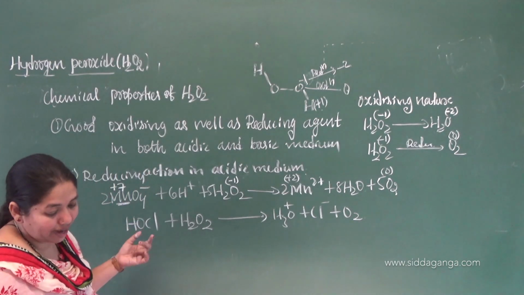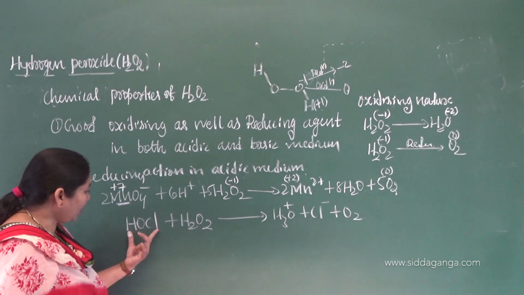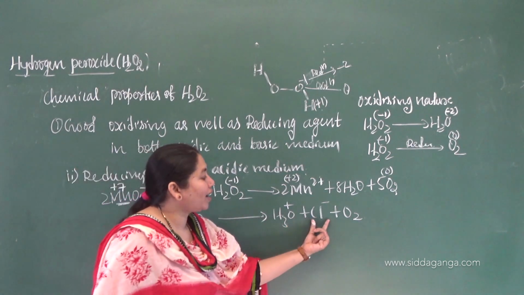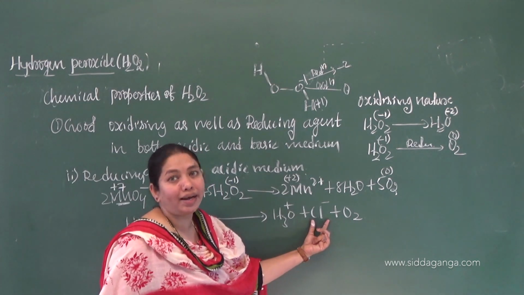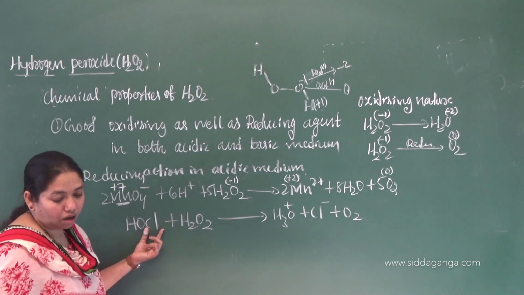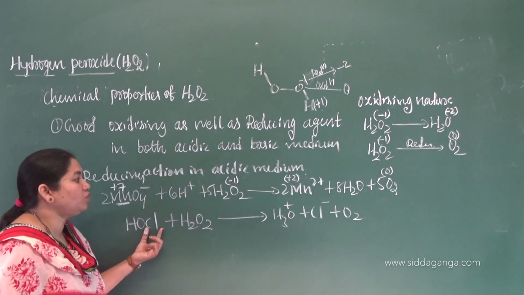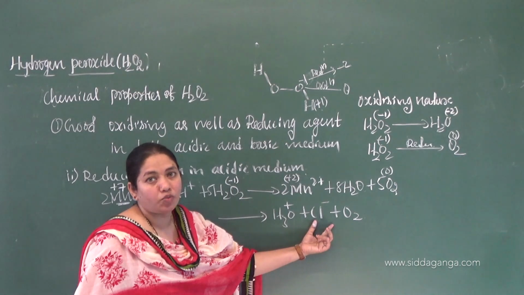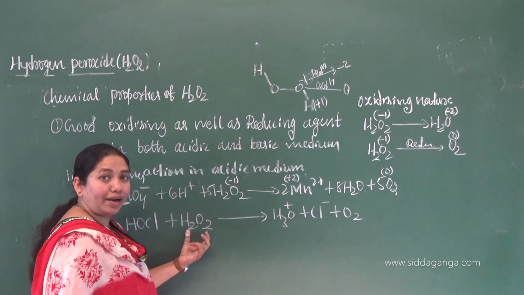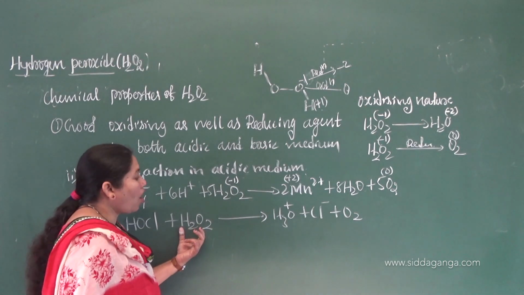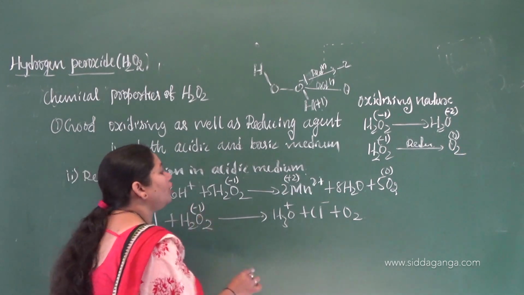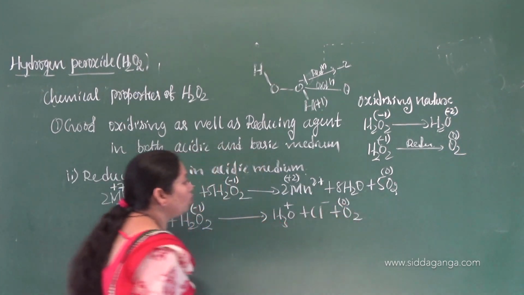Right, look at this reaction. Yes, it has been balanced. Here hypochlorous acid has been reduced to chloride, that is Cl minus, because the oxidation number of chlorine is +1 and here it is -1. And if you look at the hydrogen peroxide, it has been oxidized to oxygen, because the oxidation number is -1 and then 0.